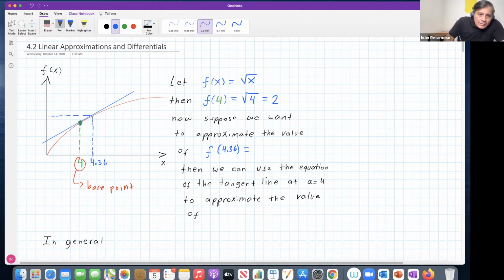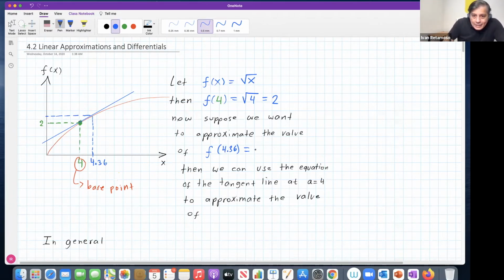Now, at the base point, remember, the evaluation should be easy to compute. It's just 2, right? Square root of 4 is just 2. But the challenge is to get this with a high level of accuracy, right? A good approximation. And for that, we're gonna use derivatives.